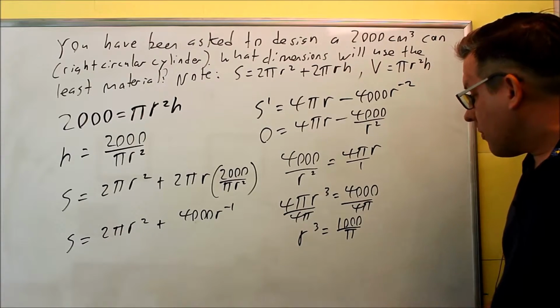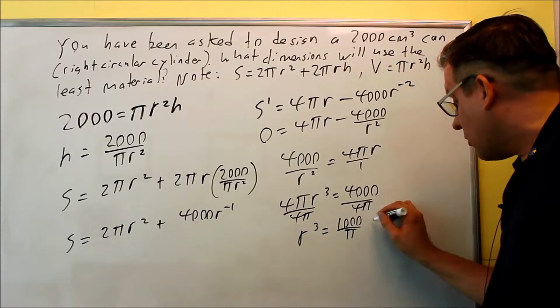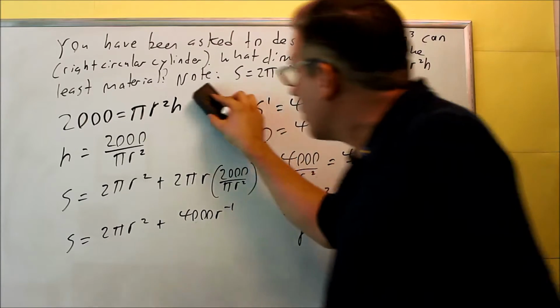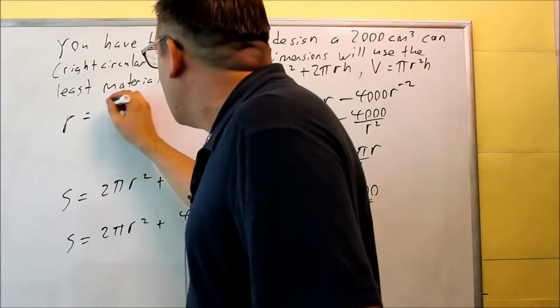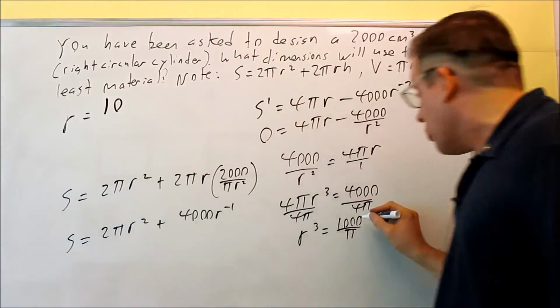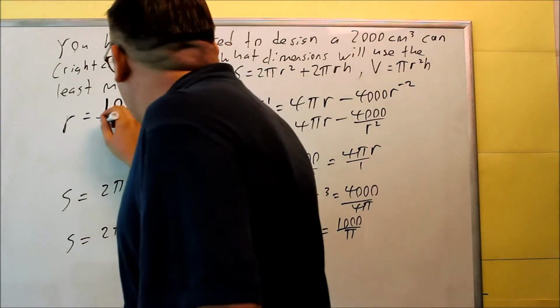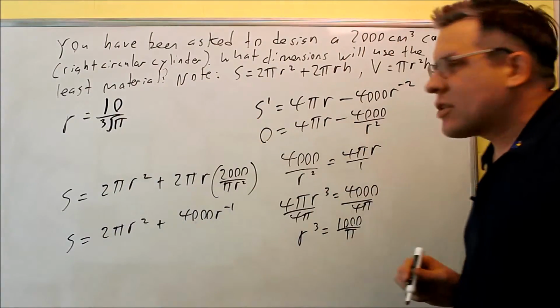Now, when I do the cube root of both sides, cube root of top and bottom, you're going to have your r is equal to the cube root of 1,000 is 10, and then the cube root of pi, that's not going to go into any nice number, but that's going to be your r.